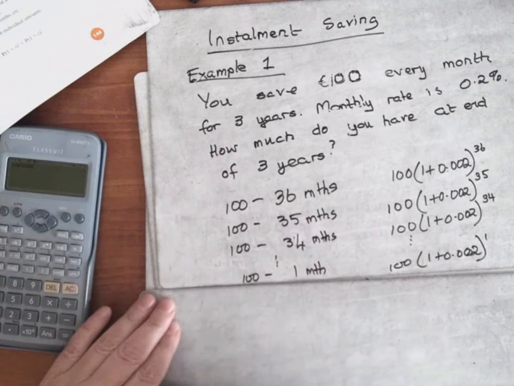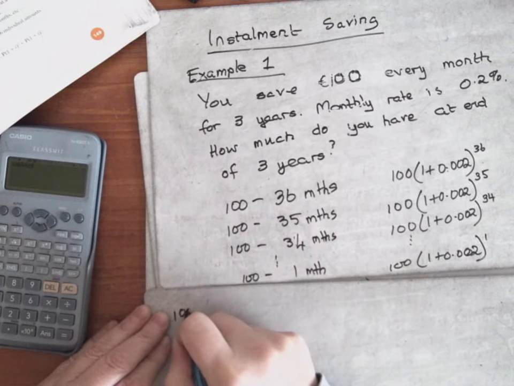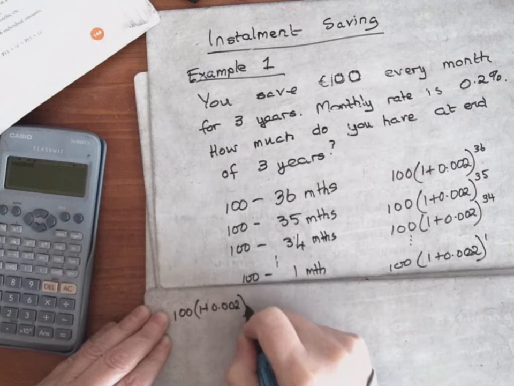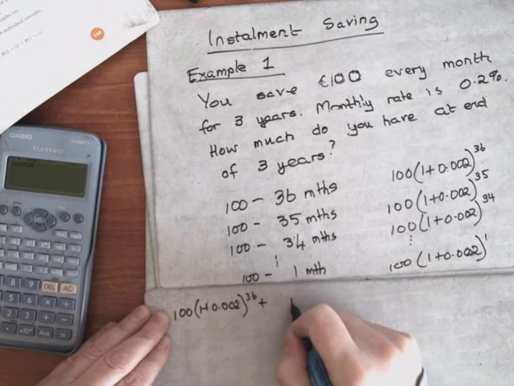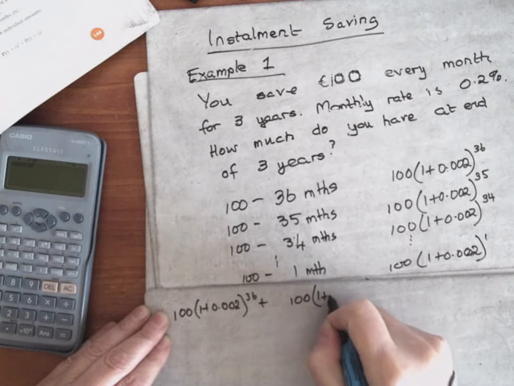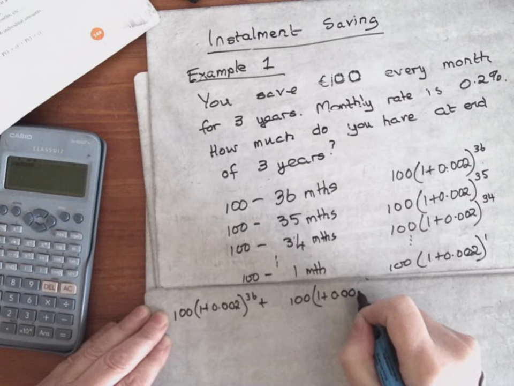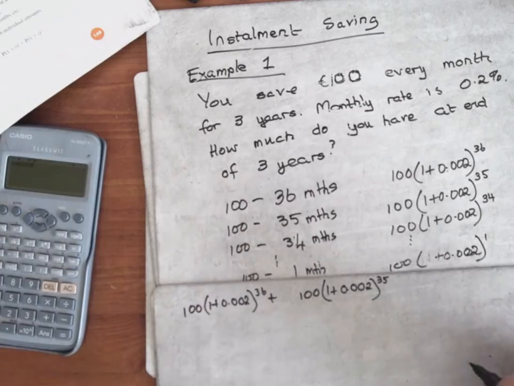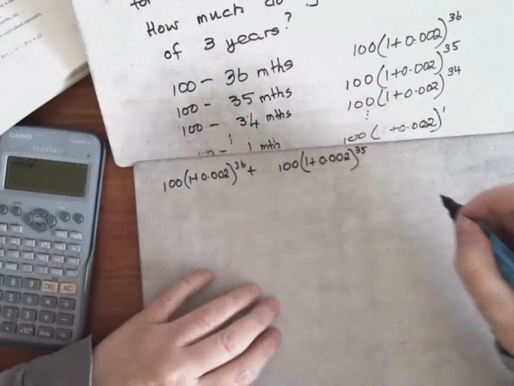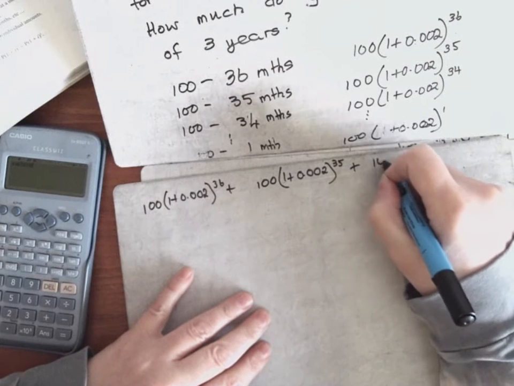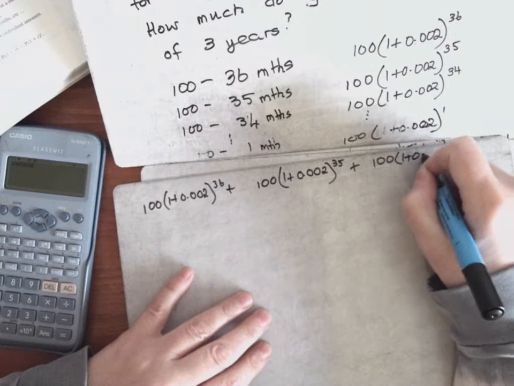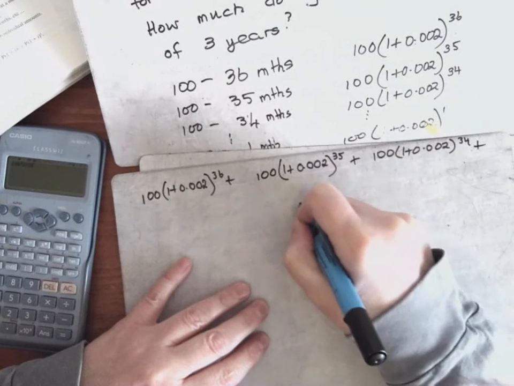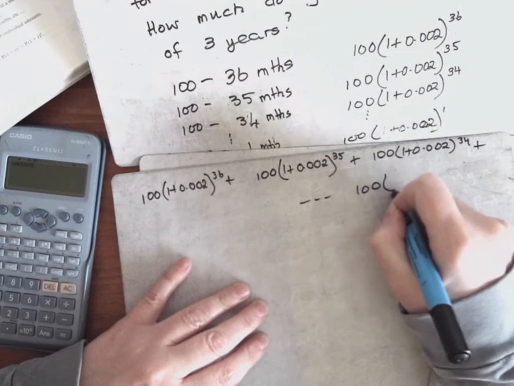So the total money you would have in your account would be the €100 that was in for 36 months, plus the €100 plus the interest that was in for 35 months, plus the one that's in for 34 months, plus all the way down to the last €100 that was in for 1 month.